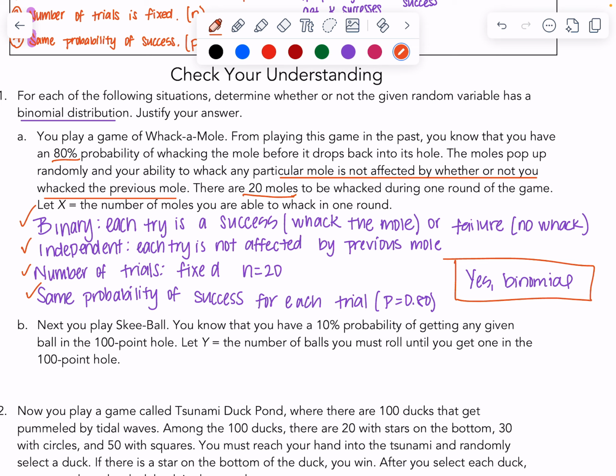That's the third condition, and that here is not met, because y is the number of balls you must roll until you get one in the 100-point hole. They would have to say that there are 15 trials or any other number, but it is not fixed. That word until means that it is not fixed. So this is not binomial.